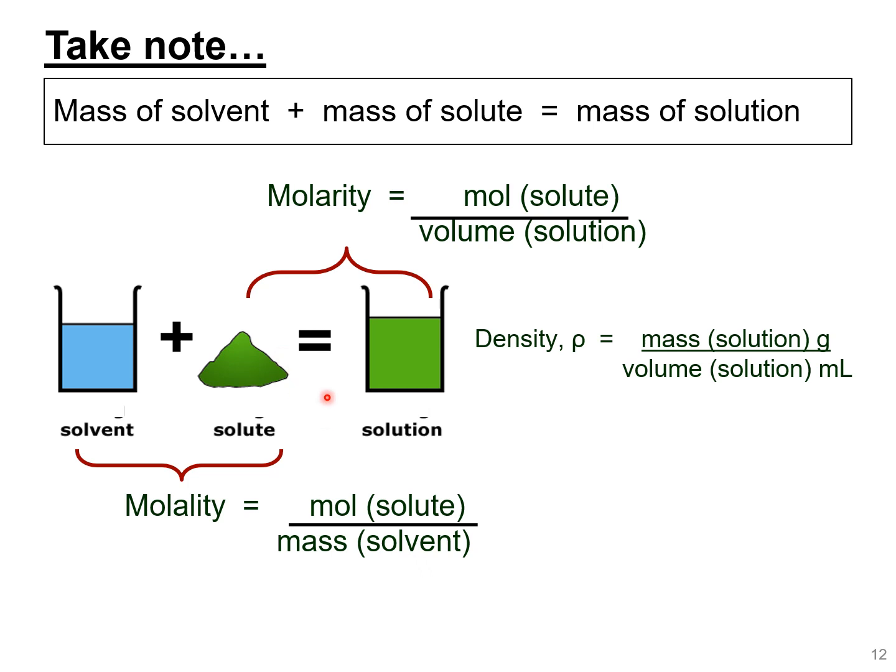Kalau molarity melibatkan solute and solution, sebab dia nak tahu number of mole of solute and also volume of solution in liter. Okay, density pula apa? Density melibatkan solution saja. Density is equals to mass of solution in gram bahagikan dengan volume of solution in milliliter.